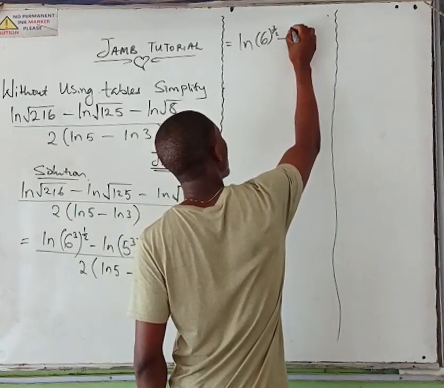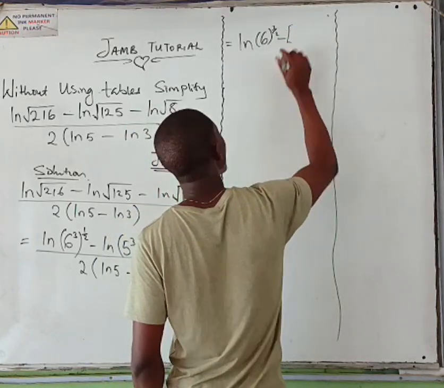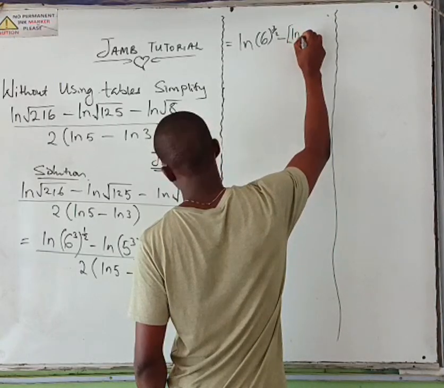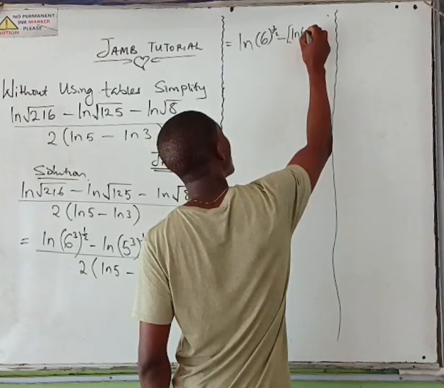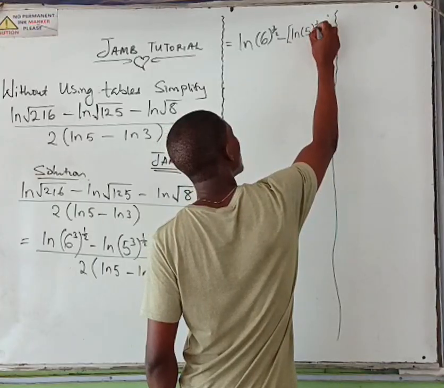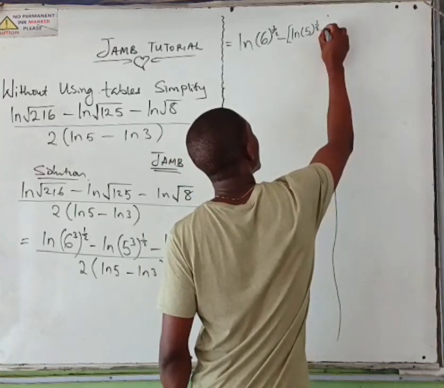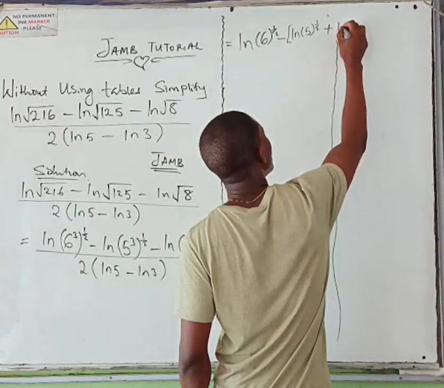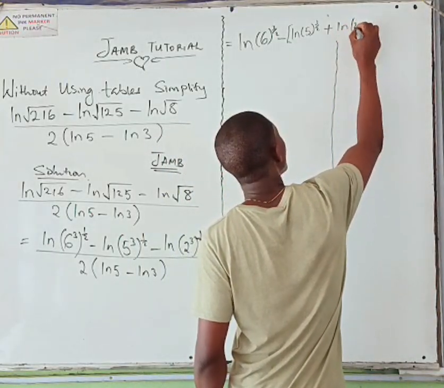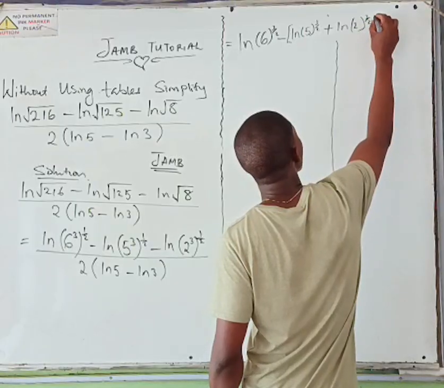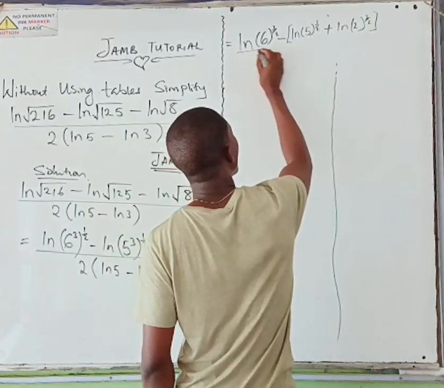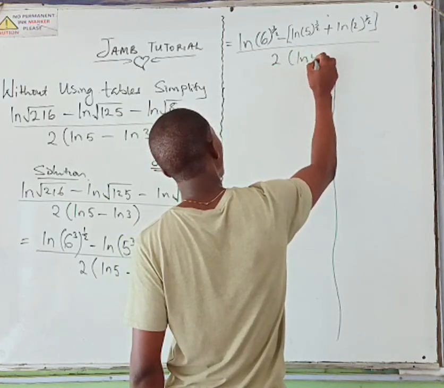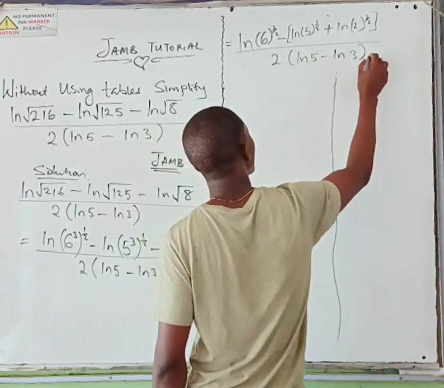I want you to see something here, I just want to make it clearer. Because I've factorized out this negative, we have ln 2 with power 3 over 2. Then we have over 2, ln 5 minus ln 3.